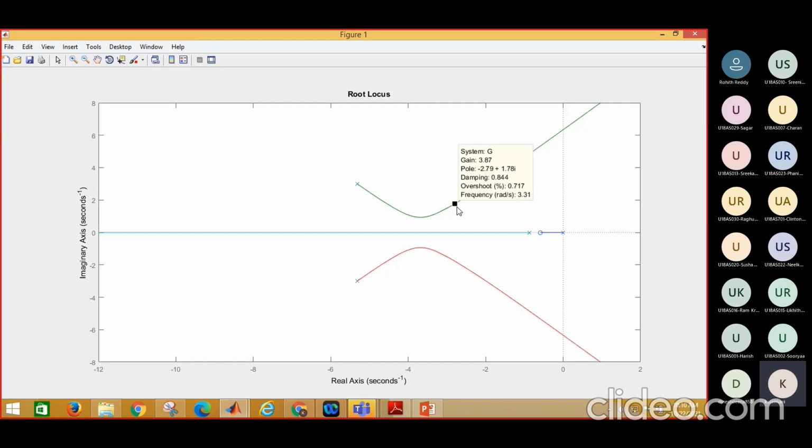If I increase my gain value, suppose my gain is 3.88, then if you increase your gain value, your damping will be reduced. Okay, these gain values are almost 3, or if we select 4.7 or 3.8, you see, if we go along this direction, my damping is reduced.